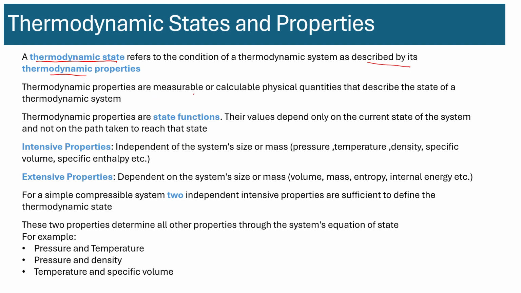Thermodynamic properties are measurable or calculable physical quantities. Examples would be pressure, which is measurable, and temperature. Or you can calculate the physical quantity. An example would be specific volume, and the other quantity would be density.